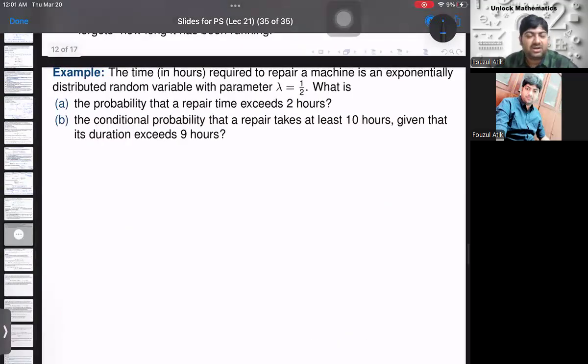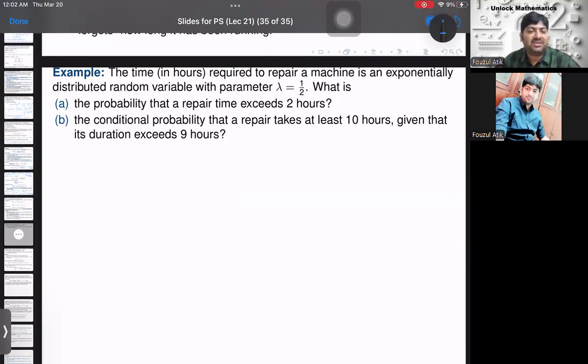Now, because we know that the exponentially distributed random variable follows this memoryless property, we can solve some examples very easily without much effort. Look at this example. The time in hours required to repair a machine is an exponentially distributed random variable with parameter lambda equal to 1 by 2.